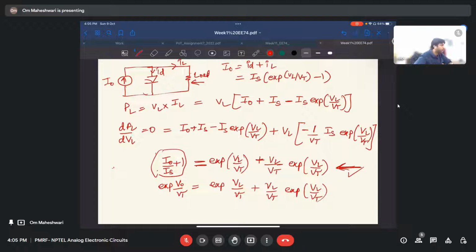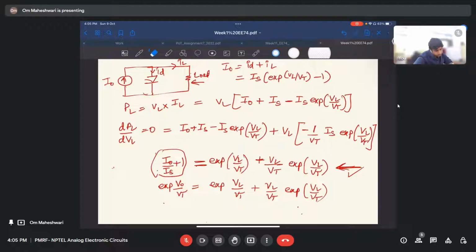Now if I take the natural log on both sides, I will get V0/VT = VL/VT + ln(VL/VT) plus... there is something wrong. 1 plus VL/VT.